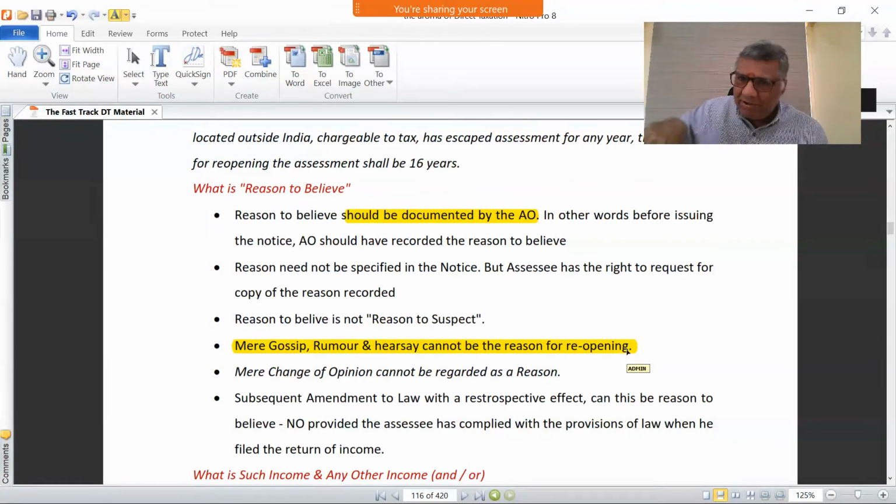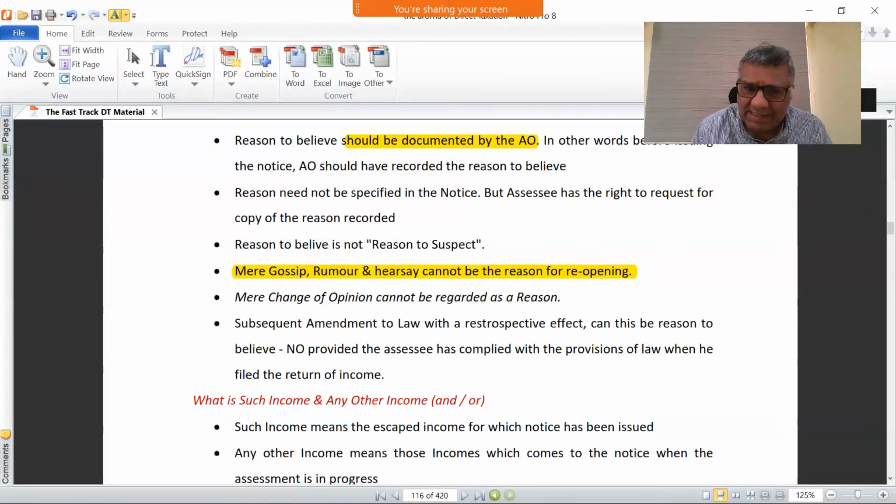Assessee believed that your law is correct and filed the return. You amend the law with a retrospective effect. Can a subsequent amendment to law with a retrospective effect be the reason to believe?